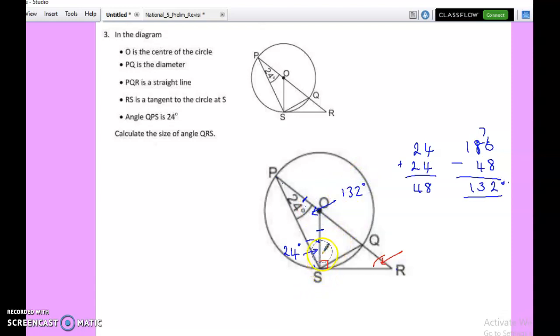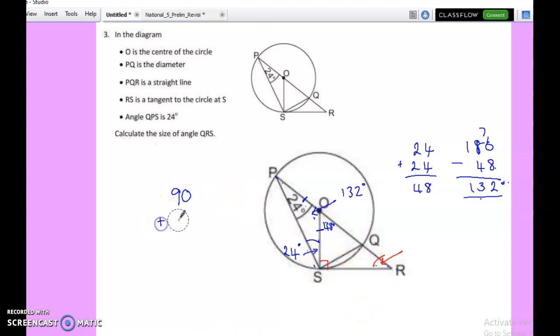Okay. Now we were also told that this line PQR is a straight line. If it's a straight line, these two angles here need to add up to 180. It's 180 degrees in a straight line. So 180 take away 132 gets me back to 48. So that angle there must be 48. Now in my triangle, I've got a right angle, I've got 48, and I've got the one I don't know.